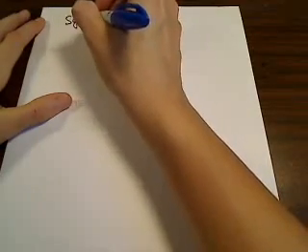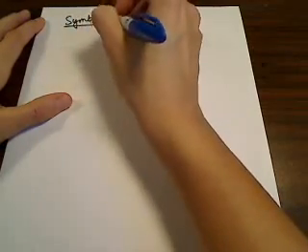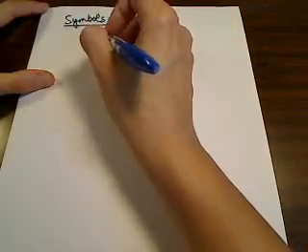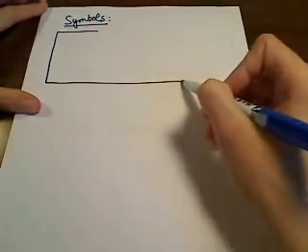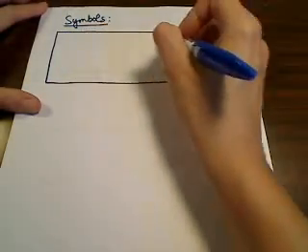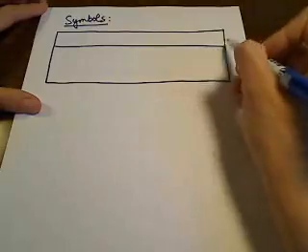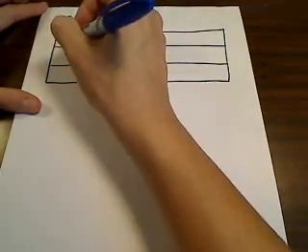Let's see. So the next thing I want to do is show you the symbols that go along with some of these words. And the symbols are very important because obviously mathematics is a completely symbolic language, and so we need some symbols to be able to work with this stuff. Okay, so we're going to make a little chart here, and in that chart we're going to talk about the connective.